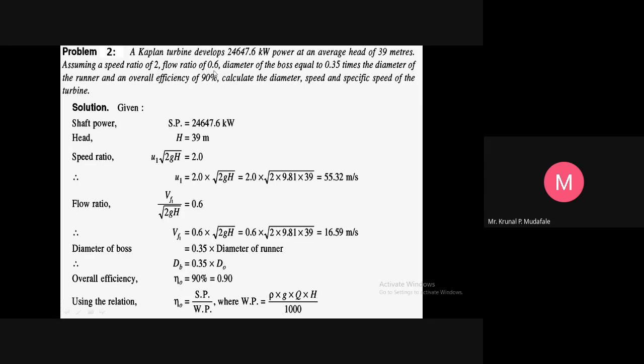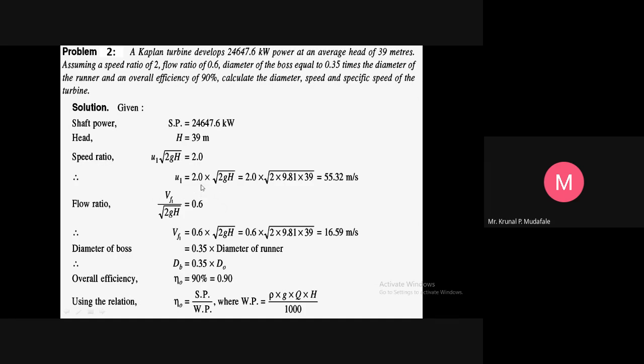Then flow ratio. What is this flow ratio? This flow ratio is equal to vf1 divided by under root of 2gh, where the flow ratio is 0.6. Both these equations we have seen in the theory lectures for the speed ratio and the flow ratio in terms of u1 and vf1. So this ratio, that is the coefficient, is available.